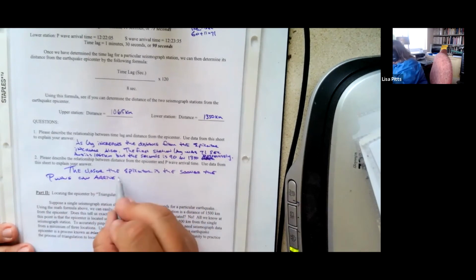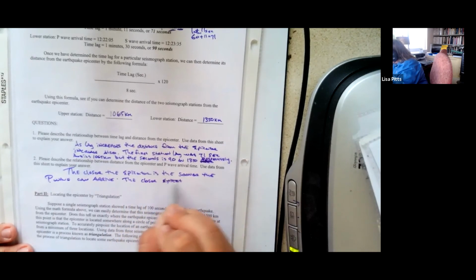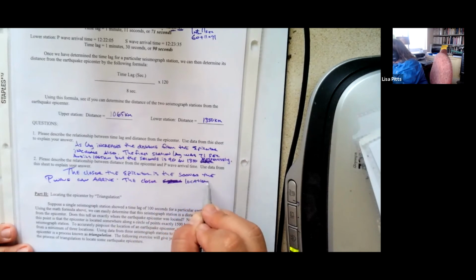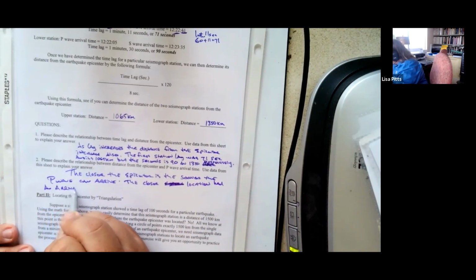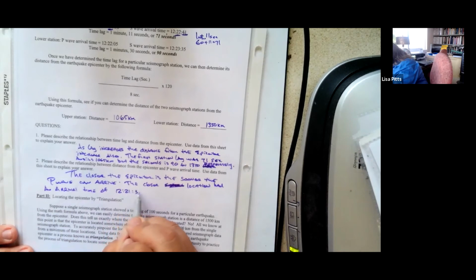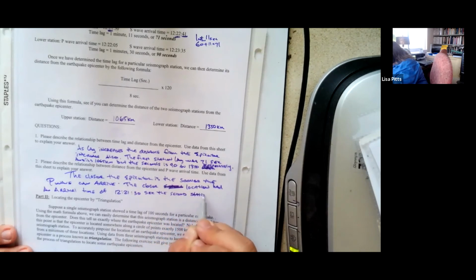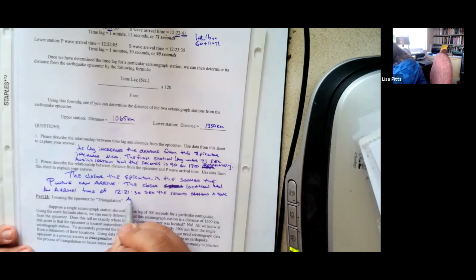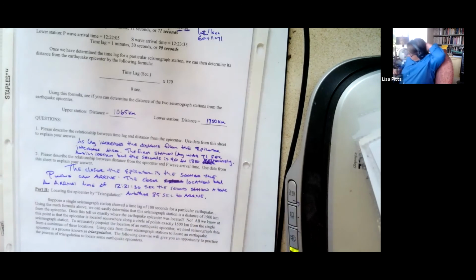Using data from the sheet above, the closer location had an arrival time of 12:21 and 30 seconds. The second station took another less than a minute. Let's see, 35 seconds to arrive. Whew.